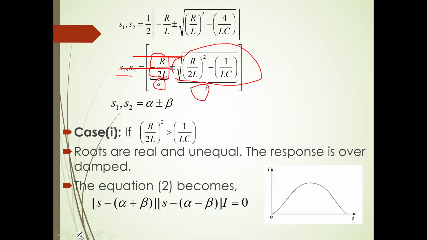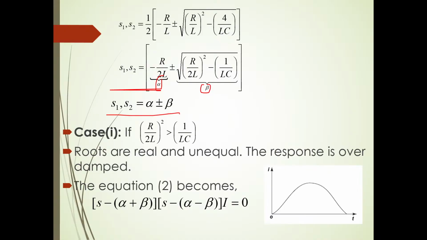We are just replacing with some notations here, nothing else. So you can write these roots as s1, s2 equal to alpha plus or minus beta. In simple words, s1 equal to alpha plus beta, s2 equal to alpha minus beta.